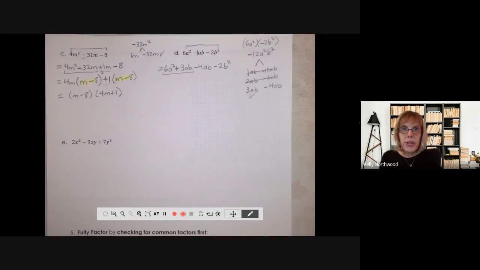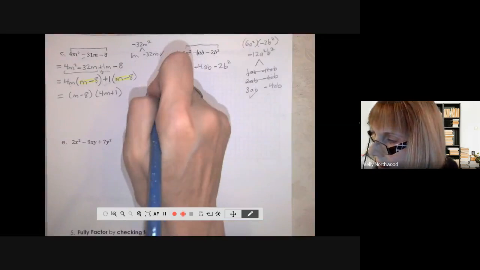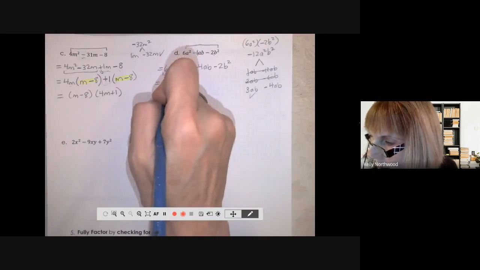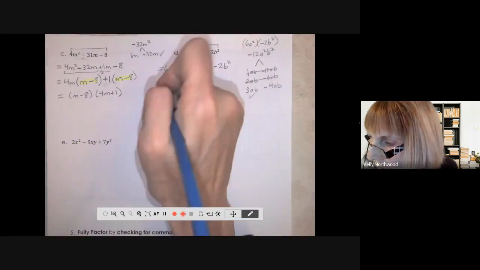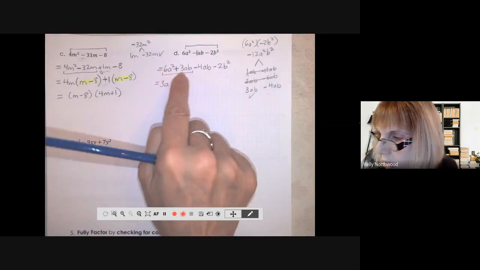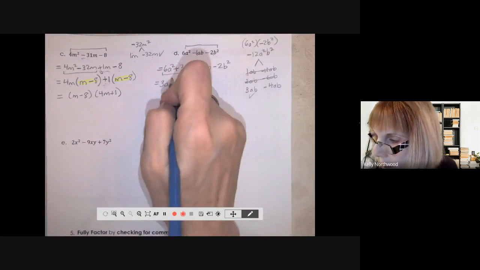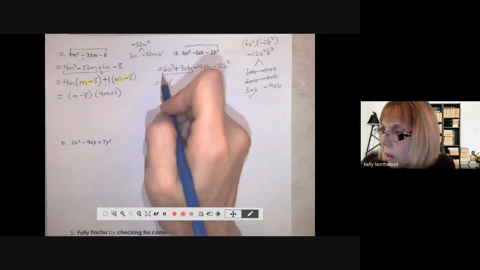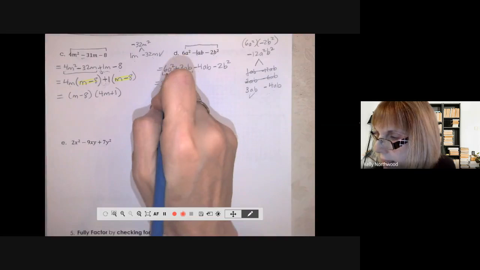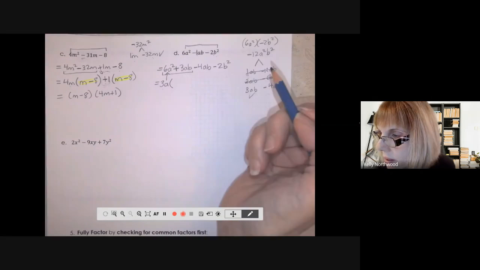So just the first two terms, they have 3 in common. They both have an a, and the smallest exponent on a is a 1. They don't both have a b, so b can't be part of your common factor. So your common factor for just the first two terms is 3a. Then you want to think, what do you multiply 3a by to get 6a squared?